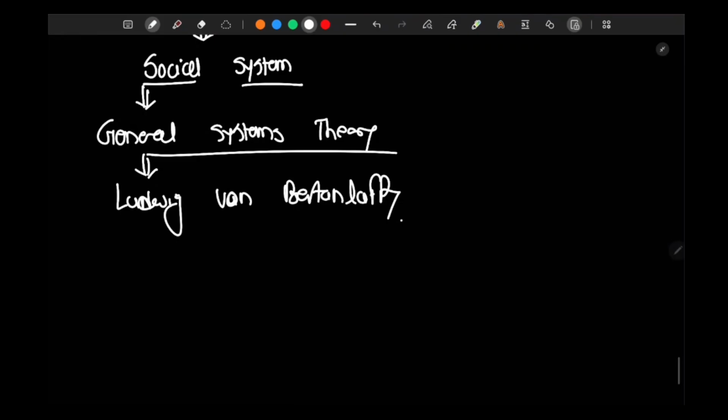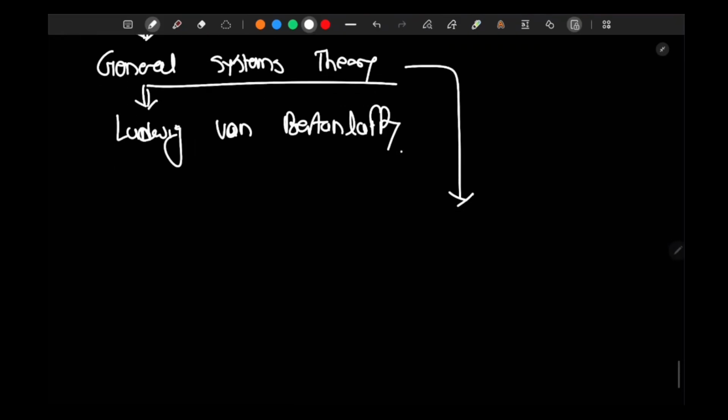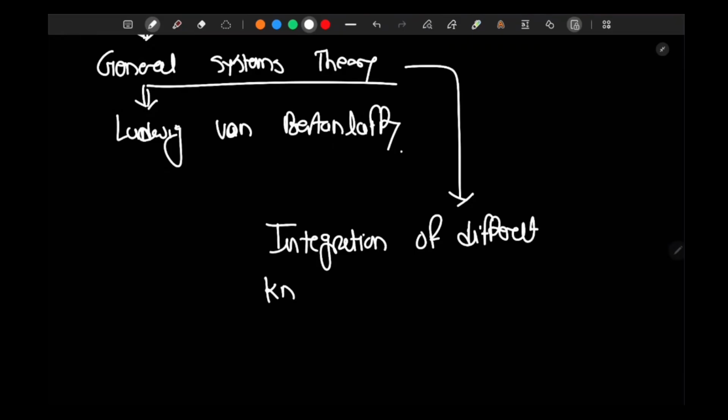What does this general systems theory essentially talk about? This general systems theory essentially talks about integration of different knowledge systems.